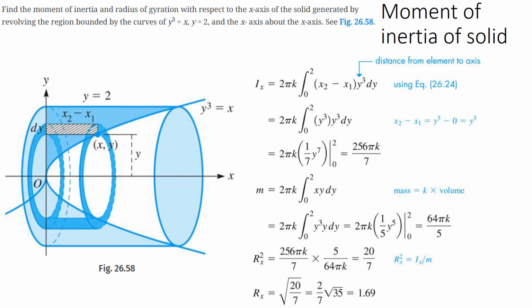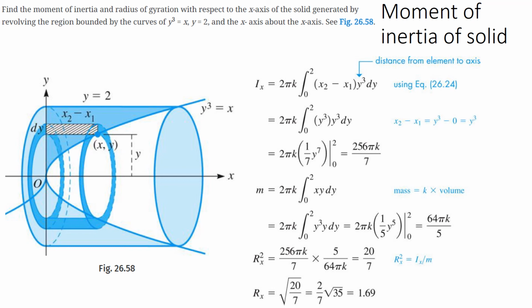So there I've got x times y, basically that volume, if you will, and I'm going to integrate that from 0 to 2, and the total mass is going to be 2 pi times, and I replace y cubed for x once again, and that gives me 2 pi k times 1 over 5 y to the 5th, and I evaluate at the value 2, and I subtract the value evaluated at 0, and I get 64 pi k over 5.